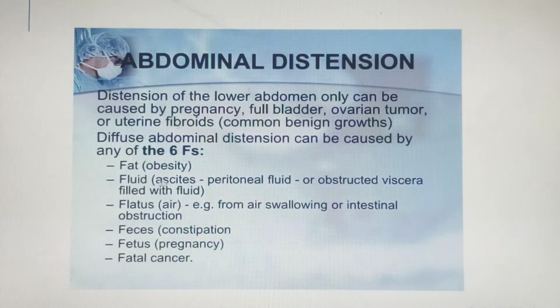It could be fluid, could be ascitic fluid. Then it could be flatus. It could be fecal matter, it could be fetus, it could be food, and then it could be a fatal cancer or fulminant tumor or neoplasia. So those will be the 6 F's, whatever F's that you can find in the abdomen, and these things are able to cause distension of the abdomen.